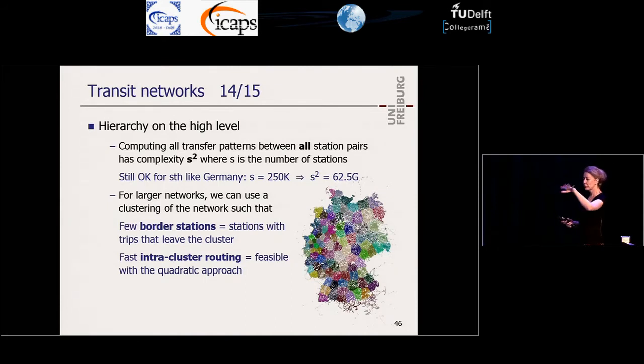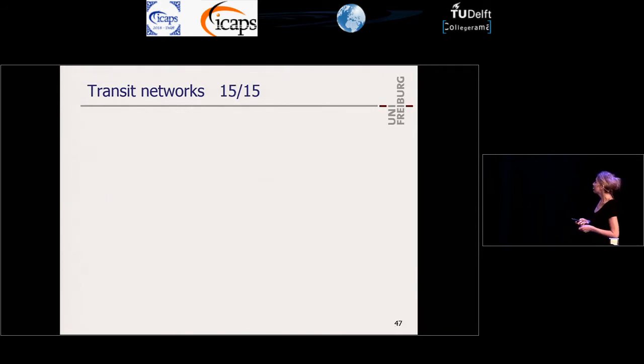You won't go from the east coast of US to the west coast using only a local connection, local trams or something. You will use an overland bus or a train, long distance train or something, right? So this can be exploited by this method, right? And so you want a clustering so that you have a few border stations here, and yeah, I'm not telling you about the details here, just that something like this exists.